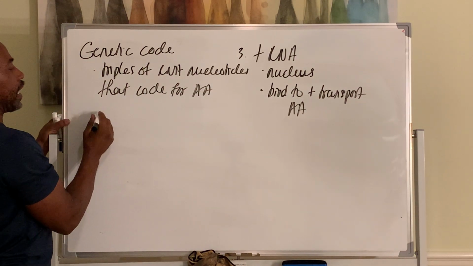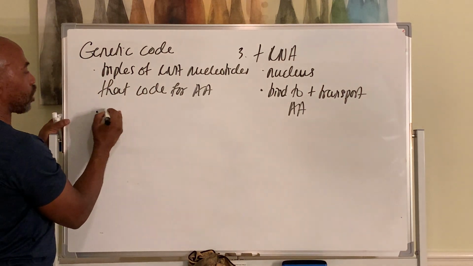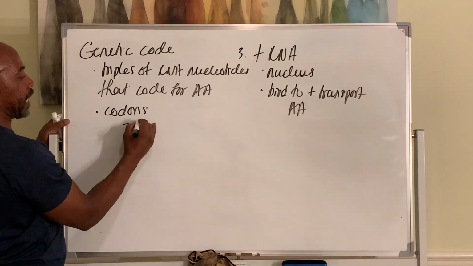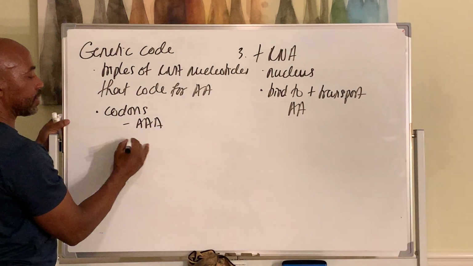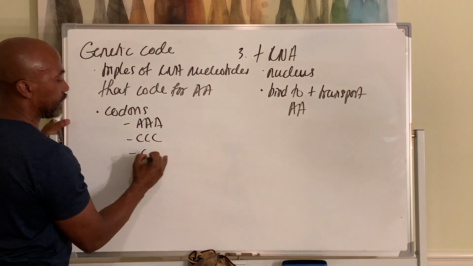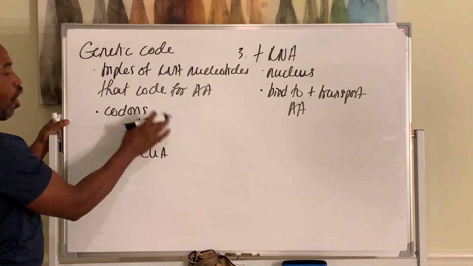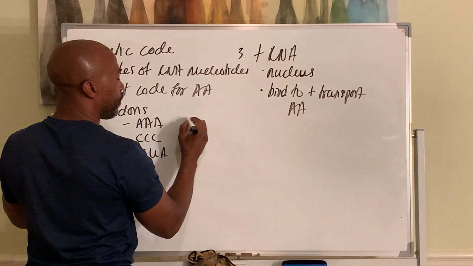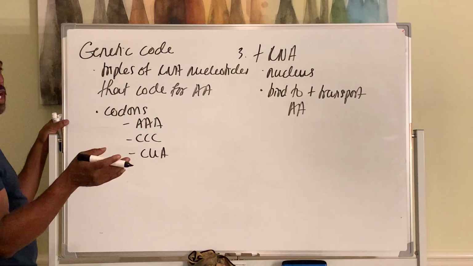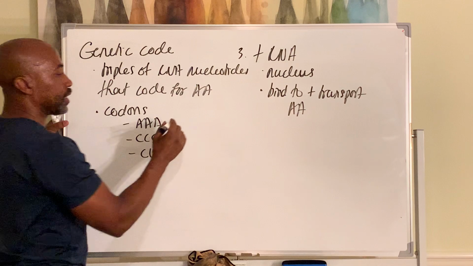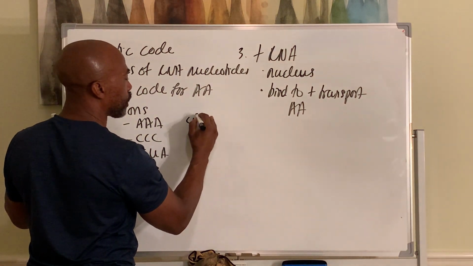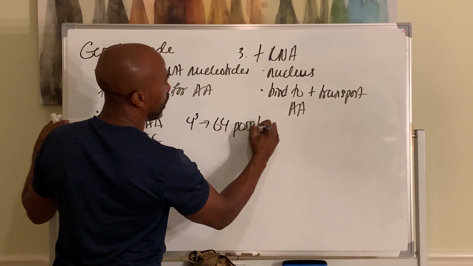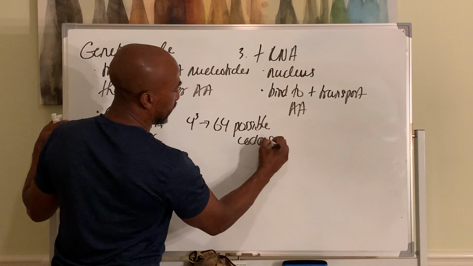They're called codons. These are the triplets. So maybe something like A, that's a codon. C, codon. CUA, codon. RNA triplets are called codons. And since you have 4 possible nucleotides to be arranged in triplets, the possibilities are 4 to the third, which means you have 64 possible codons.